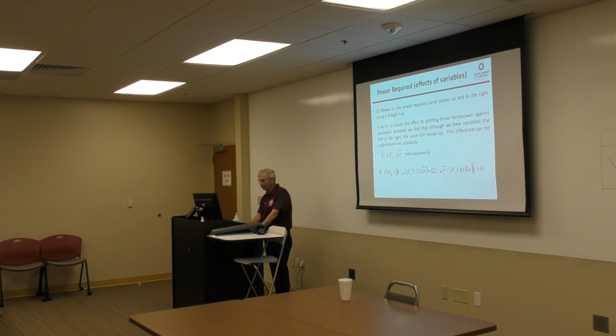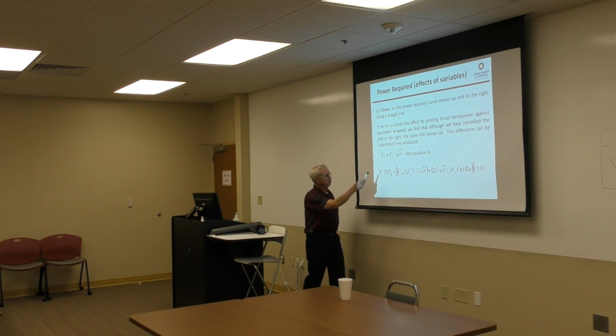Well, so L over D max on the power required curve moves up to the right along a straight line. And if we try to cancel that effect by plotting thrust horsepower against equivalent airspeed or calibrated airspeed, we find that we've canceled the shift to the right, but the curve still moves up. And that difference can be understood if we just look at the true airspeed.